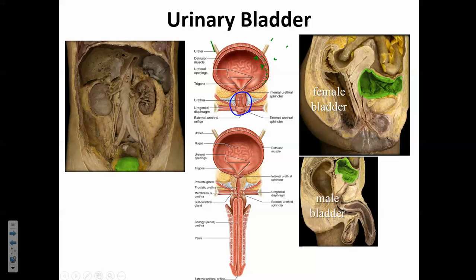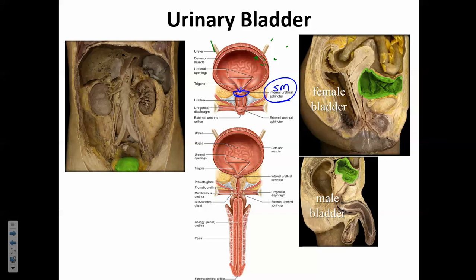But there are some sphincter muscles that control whether the urine is going to move out or not. And one of those is smooth muscle. That's the internal sphincter, this smooth muscle. Notice that it surrounds the internal urethral orifice. Okay, so you've got two openings, one at either end of the urethra.